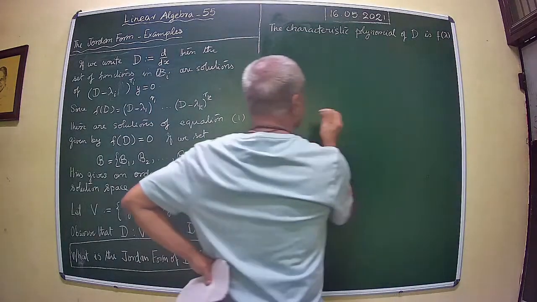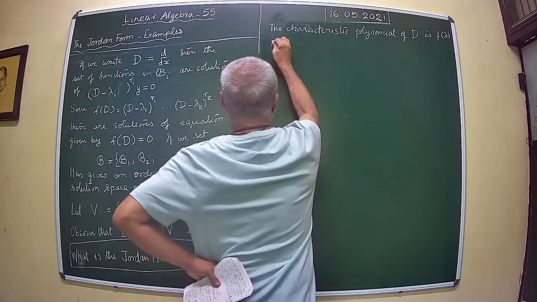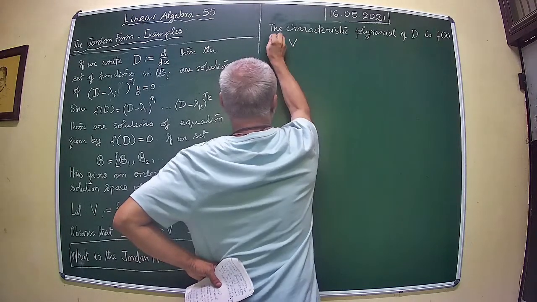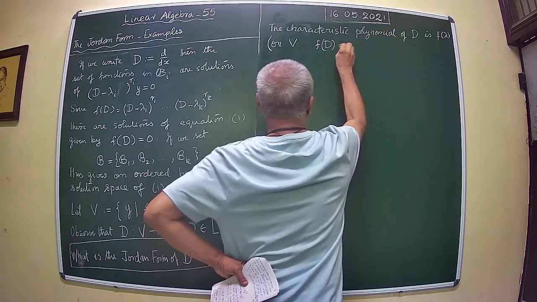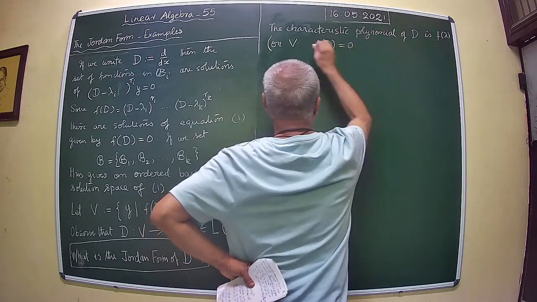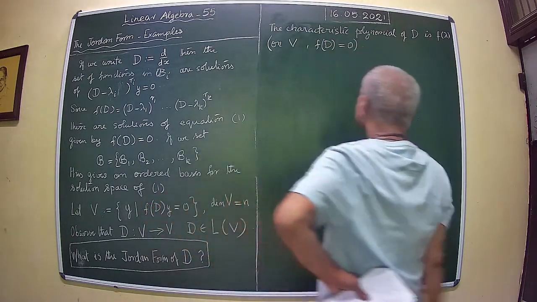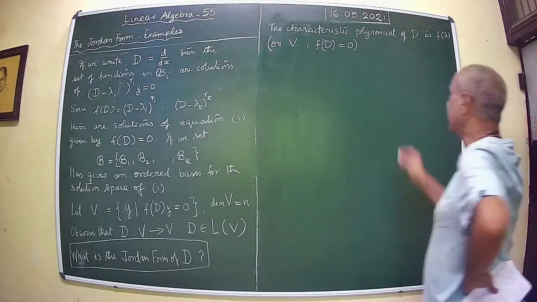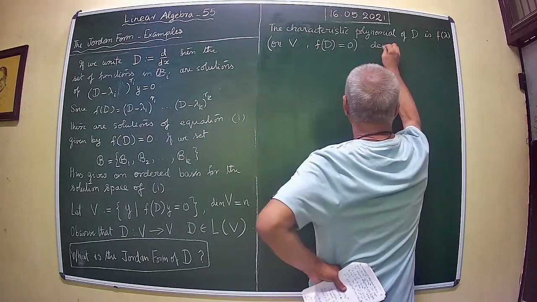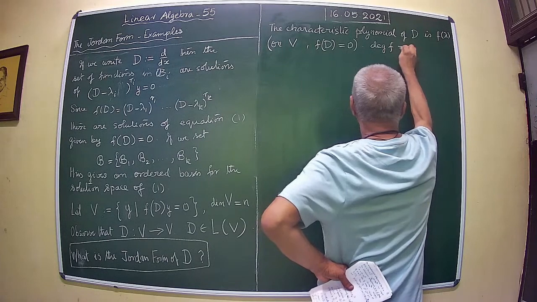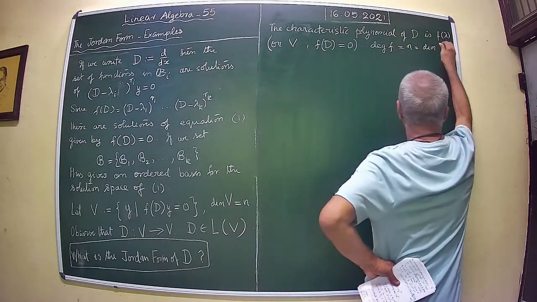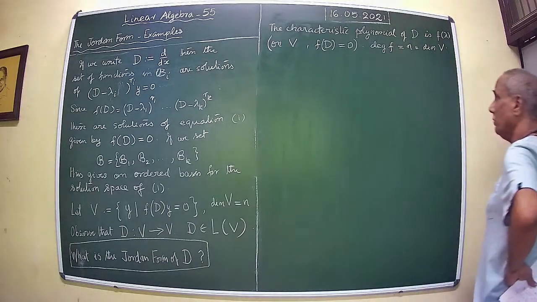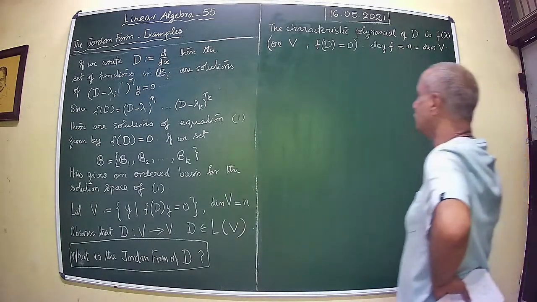Because you see that on V, f of D equals 0, and we also know that f is monic and the degree of f is n.